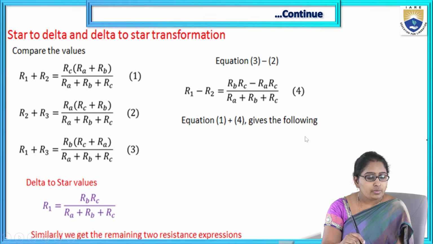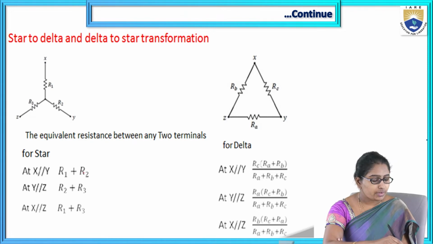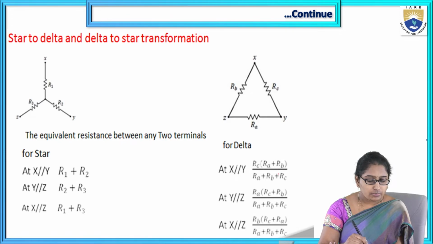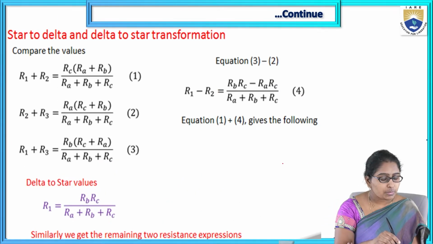Now compare the values. That means in star we have between XY terminals R1 plus R2, which is equivalent to the delta equivalent resistance between XY terminals. So comparing the values means equating both.